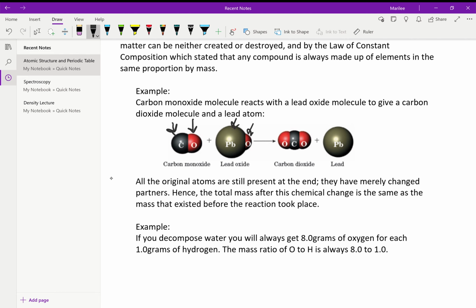So we actually have carbon 1, oxygen 2, lead 1. And if we look at the products, we see that we have our two oxygens, our single carbon, and our lead. So whatever we started off with, we have the same amount at the end.